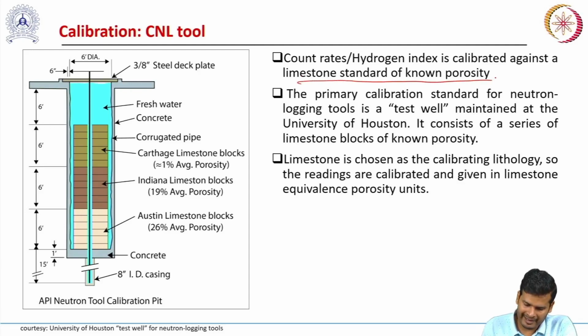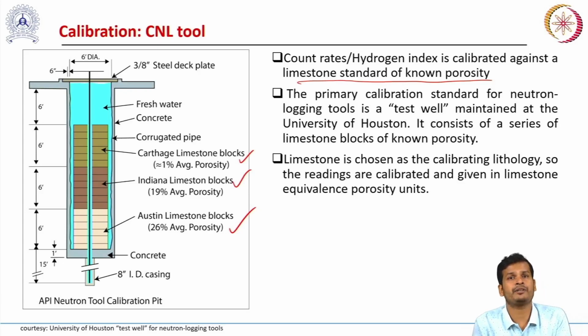For example, in this pit we have different limestone blocks of different porosity, and these limestone blocks are filled with liquid or water. Since we are calibrating the tool against a series of limestone blocks of different porosities, that means I am calibrating the tool data against limestone matrix.